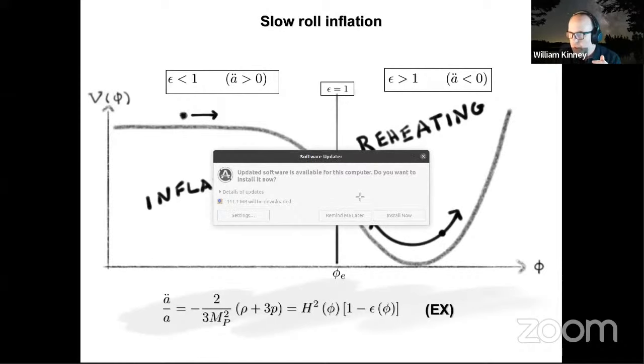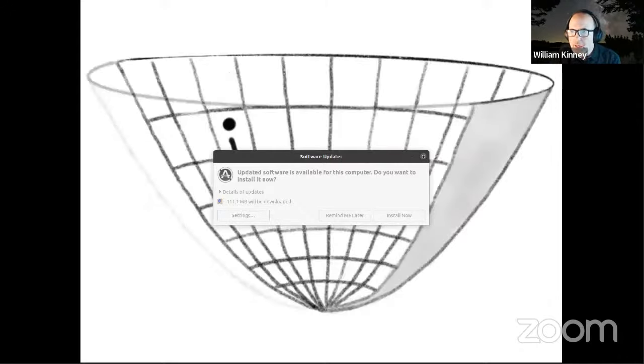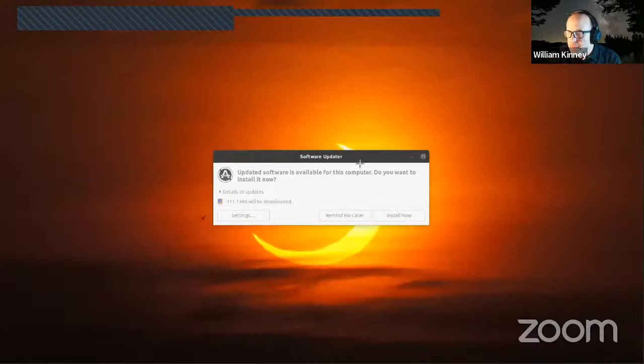Okay. Whoops. Okay, so let's clear all drawings. And how do I get rid of the software updater? This is unfortunate. Hang on. I need to stop my screen share for a second. There we go. All right, I will restart my screen share. Apologies for that.